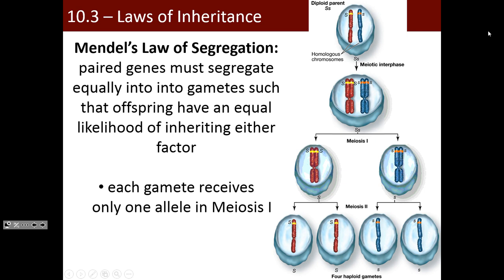It's just chance, okay? And so any one of these gametes could get the dominant allele or the recessive allele, and it's just luck that they get what they get. Okay? And that they must separate. The homologous chromosomes, the 2 alleles for any given gene, do not stay together. They separate during meiosis. Okay.